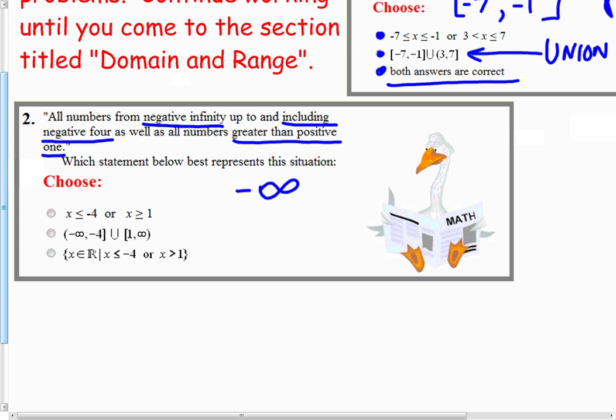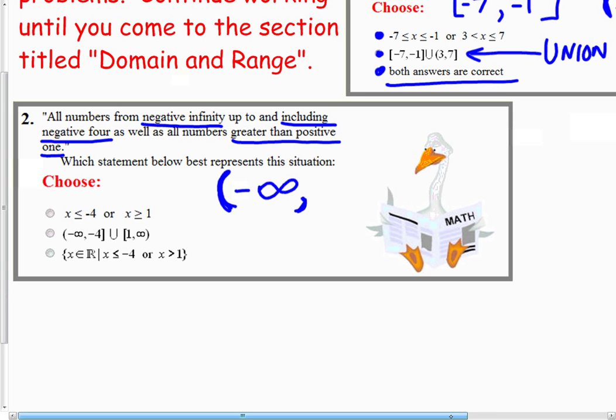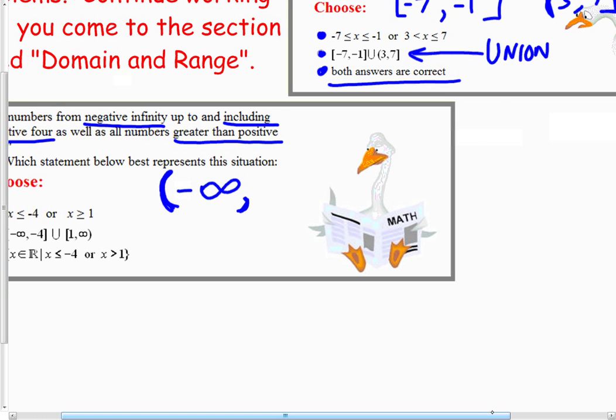Do I put parentheses or brackets with infinity? Parentheses, always parentheses with infinity. Because this one up here was numbers, I'm using the brackets or parentheses. For this, always parentheses.